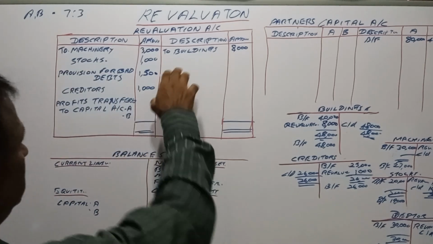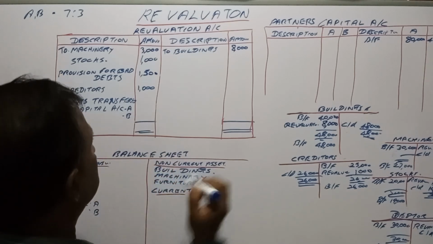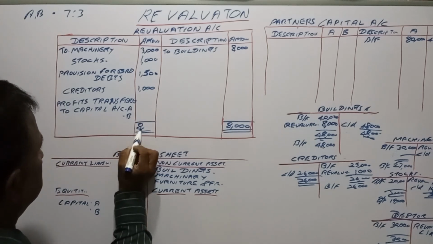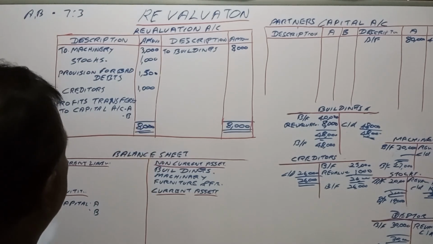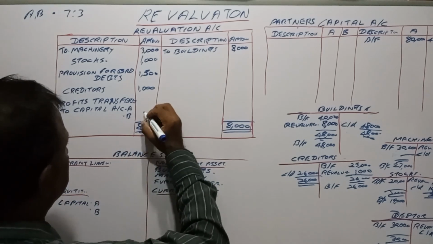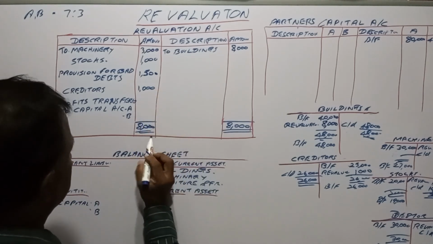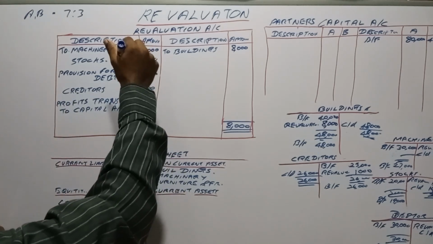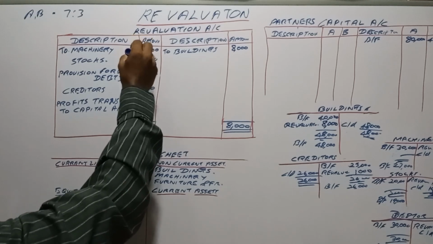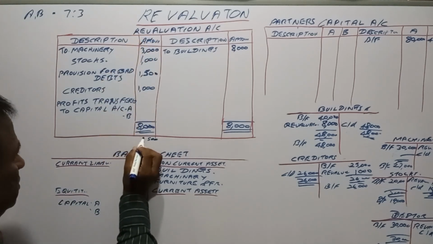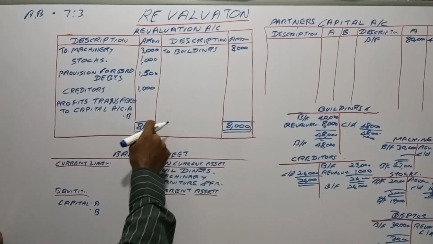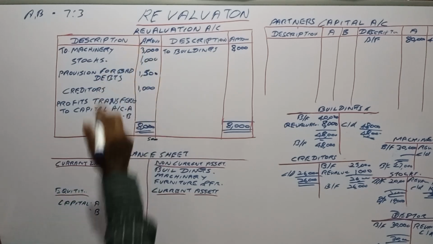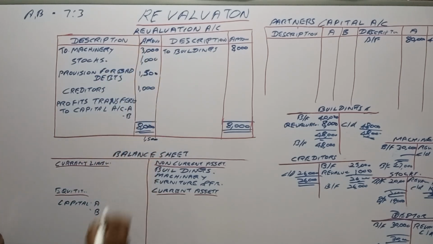Here we will balance this one, right? Revaluation is 8,000. Here it is 8,000. What is the difference? 500, 1,500.